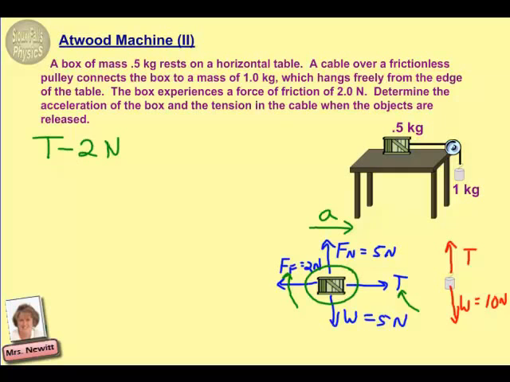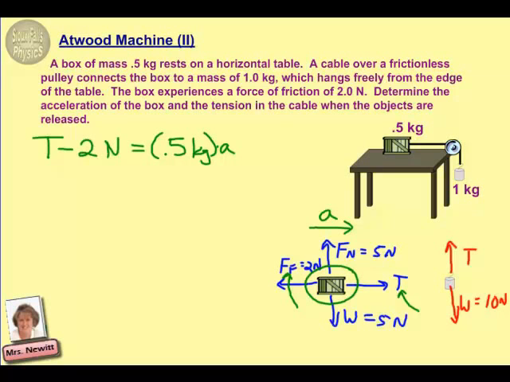Now notice that gives us one way to write the net force. The other way to write the net force is by writing mass times acceleration. Mass in this case is 0.5 kilograms times acceleration, which is unknown.